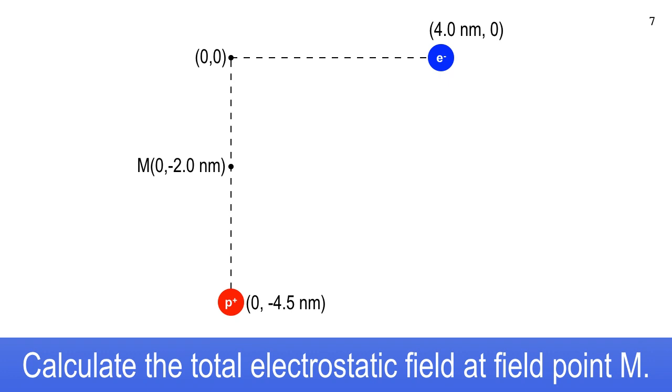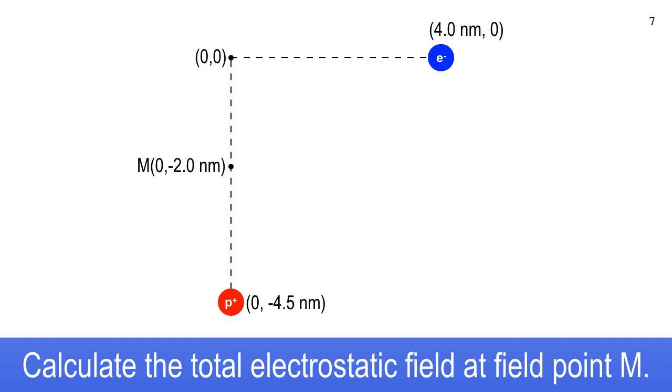We're going to take 10, 15 minutes, whatever it takes, for you to work this out. Calculate the total electrostatic field due to these two source charges at field point M. Everything's spelled out there in nanometers.